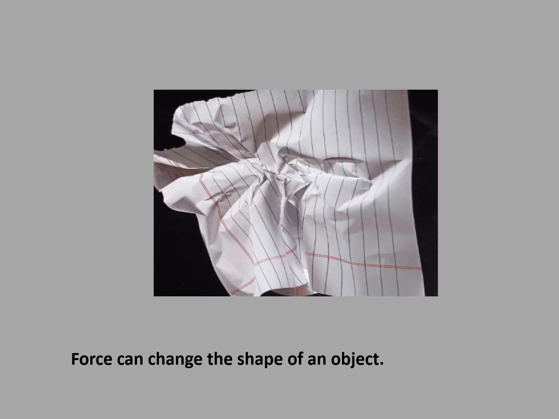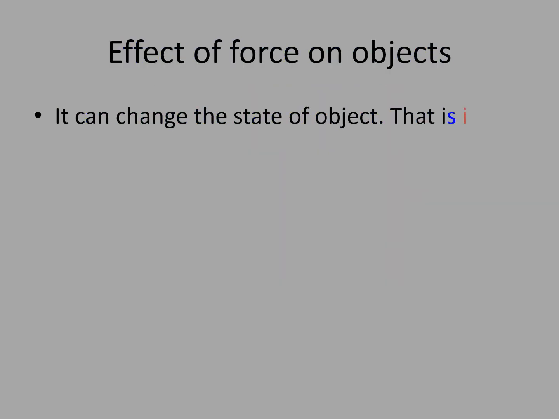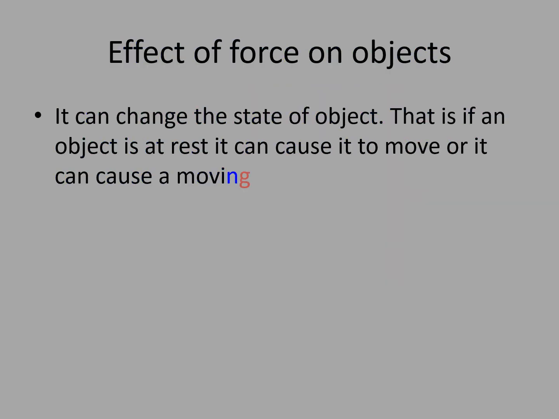Thus, from the above illustrations, we can see that force can change the state of an object. That is, if an object is at rest, it can make it move when we apply force, and if an object is moving, when we apply force, it can come to a rest or to a halt.